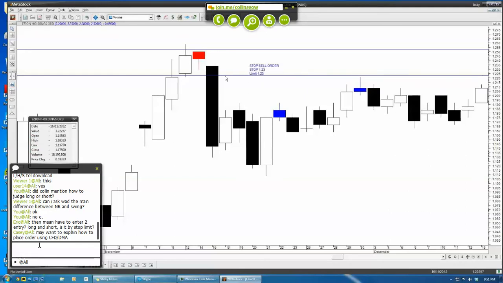If it goes down, as in this case, it triggers because it went below 1.23, right? It opened here, went down this way, and 1.23 triggered.